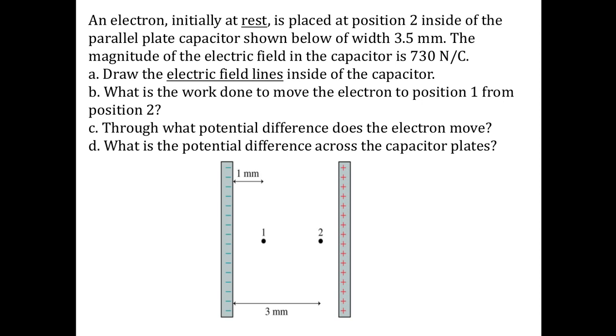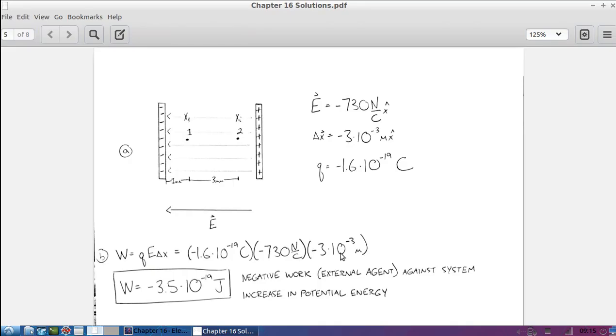But the agent that's causing the electron to move opposite the system's force is some external agent. There's some work being done against the system that's causing it to move in the negative x direction. So this negative sign is the work done by the plates. The system itself is doing negative work while some external agent is doing positive work.